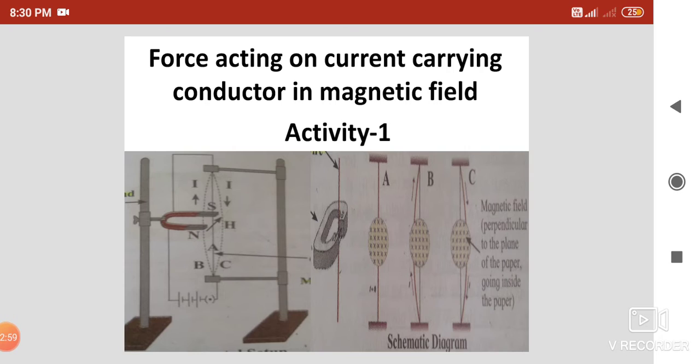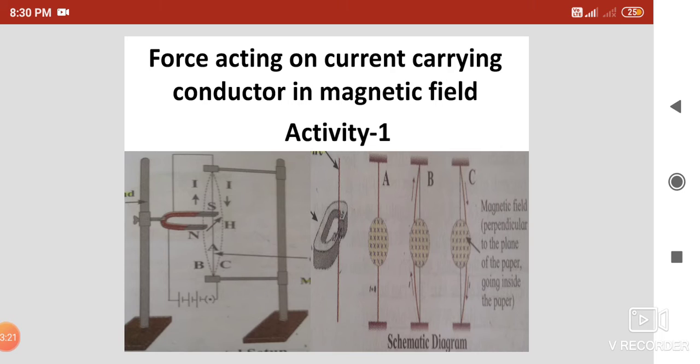Now it comes to position B. This shows that the direction of force on the wire is perpendicular to both the magnetic field and the direction of the current. Here the direction of magnetic field is from north to south.